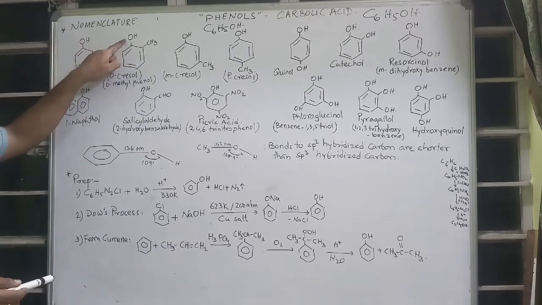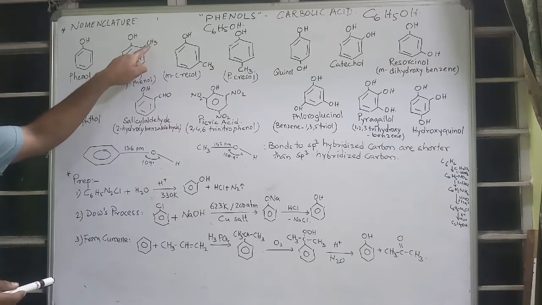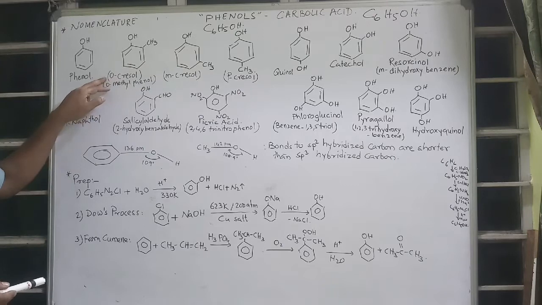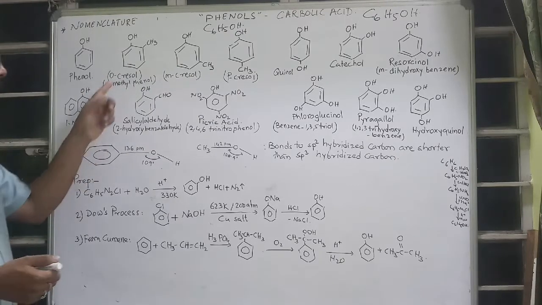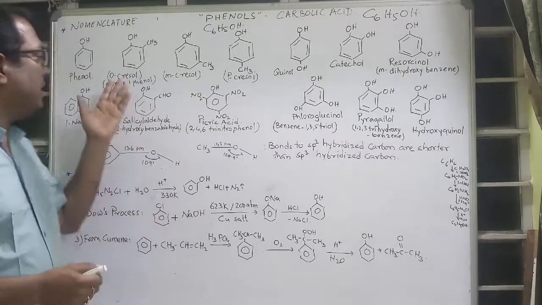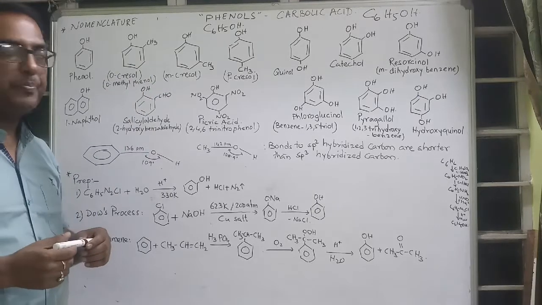When the benzene ring with the OH is attached to a methyl group, we call this orthomethylphenol, or better, cresol. So cresol is a common name, while orthomethylphenol is the IUPAC name.